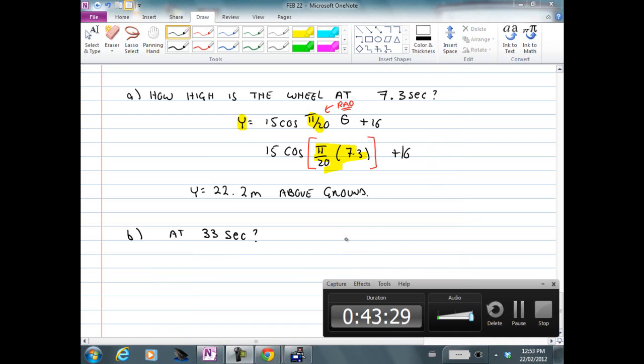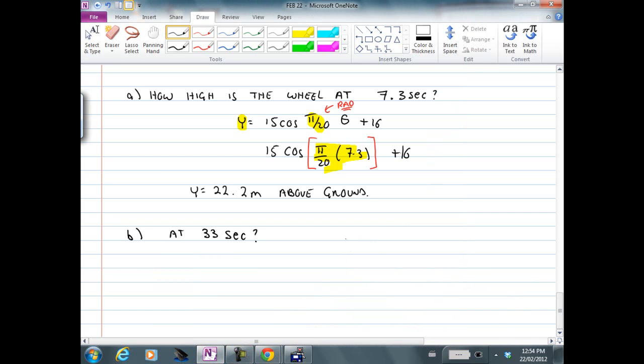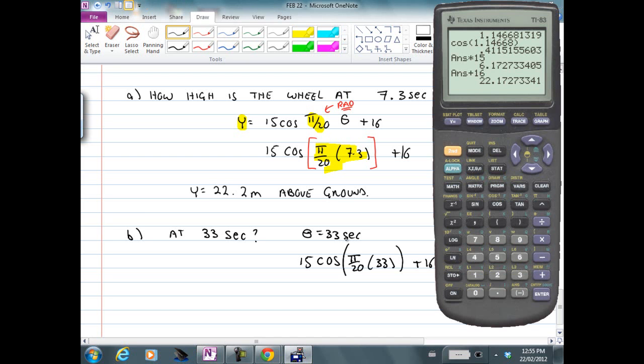I know theta is 33 seconds. So I'm going to just plug it in. 15 times cos pi over 20 times 33 plus 16. Again, really, cos of the whole entire thing. And just keep it simple. I'm going to clear this up. If your calculator is in degree mode, you're going to get a wrong answer, and there's going to be no pity.